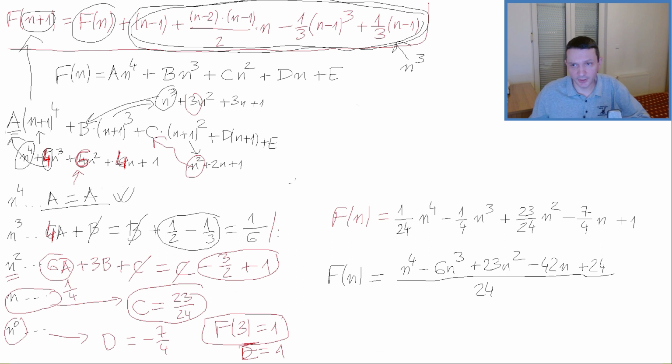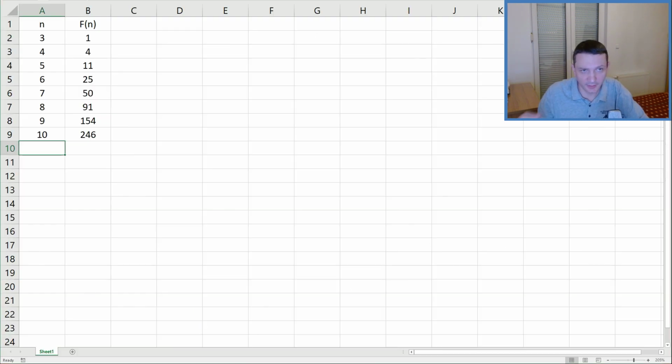And that's it. I checked this formula using Microsoft Excel here, so I just typed this formula: n to the power of 4 minus 6n cubed plus 23n squared minus 42n plus 24, all over 24.